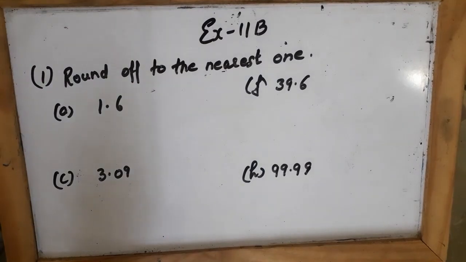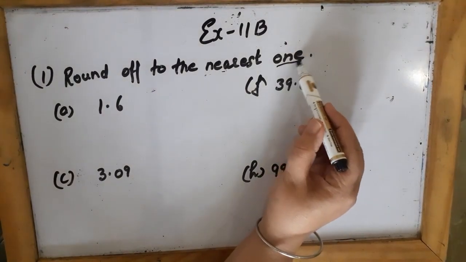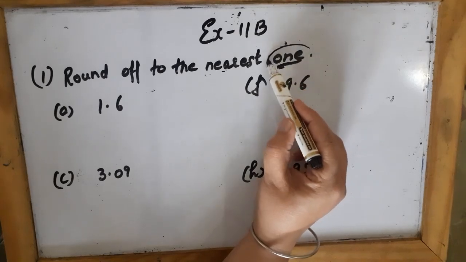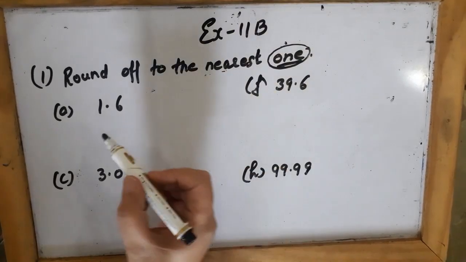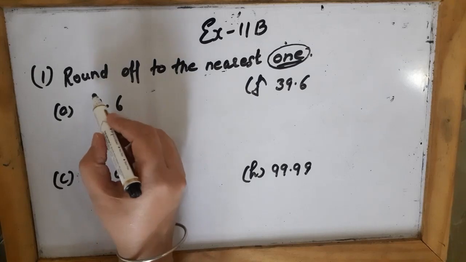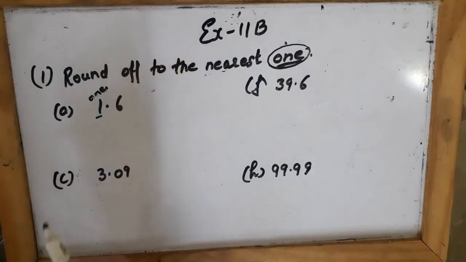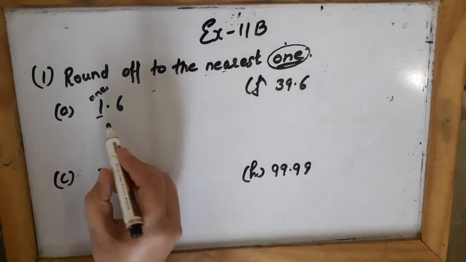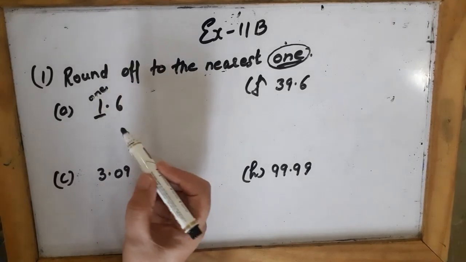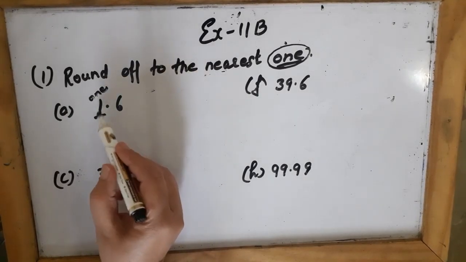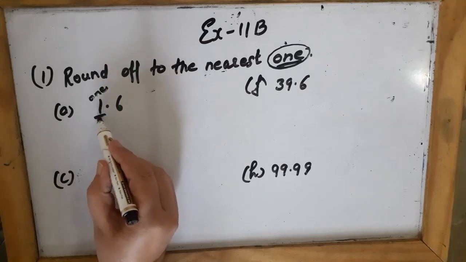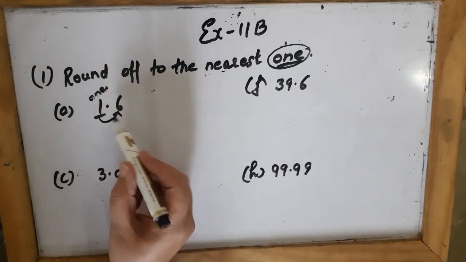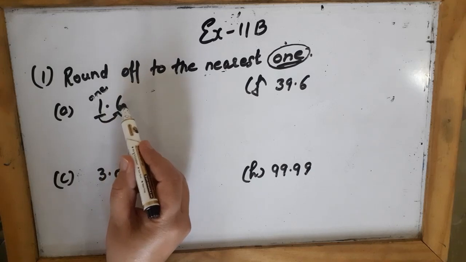Here the first question says round off to the nearest one. Now, this ones place value is in which part? It is in the whole number part. So when I have to round off to the nearest one, I will underline the digit at the ones place, and I will look at the next digit, the digit after the decimal.